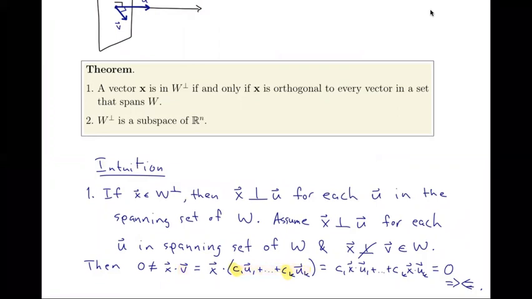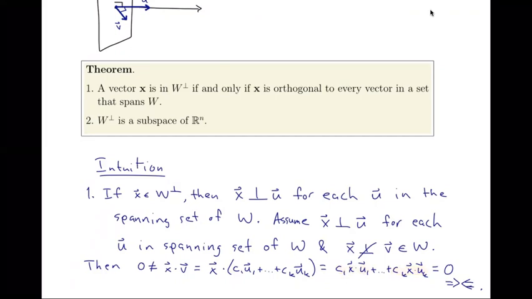Once we distribute the dot product over these addition signs and use scalar commutativity to factor the scalars out to the front of the dot products, we do this K times and have C1 times X dot U1 all the way through CK times X dot UK.